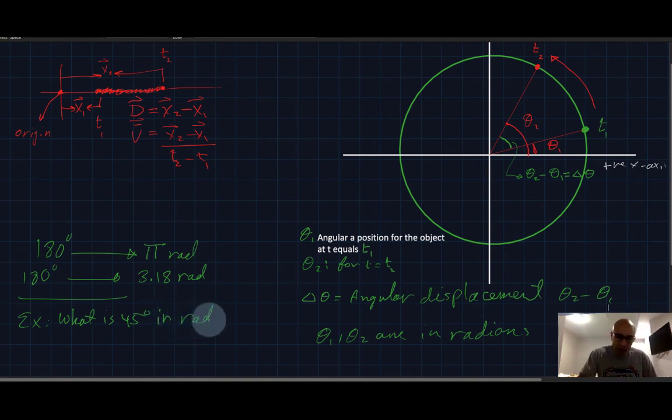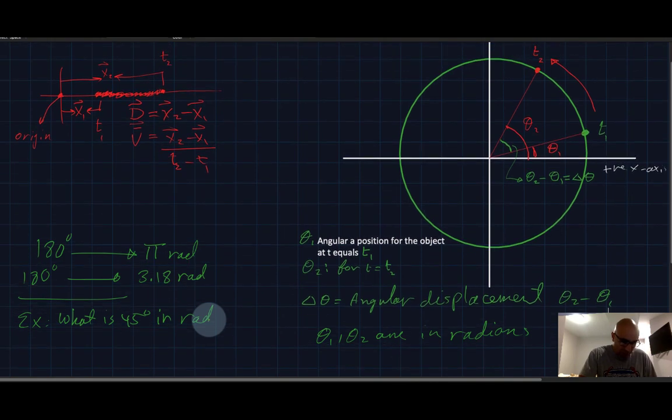Well, there's a way you can do that. You can just say 45 degrees multiplied by 3.14 and divided by 180, because 3.14 rad and 180 degrees are basically equal to 1, since one is in rad and the other is in degrees.